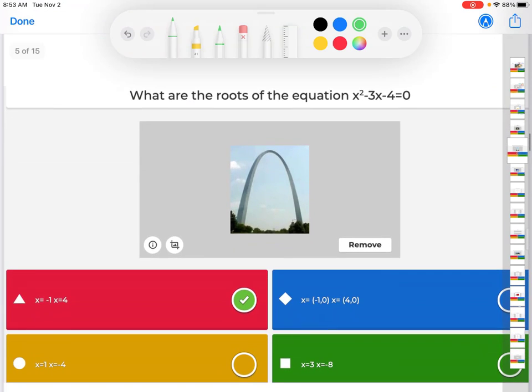What are the roots of a quadratic equation? Let's just say this was the coordinate plane, x, y. The roots are where they cross the x-axis. Okay, that's what a root is. It's these right here.